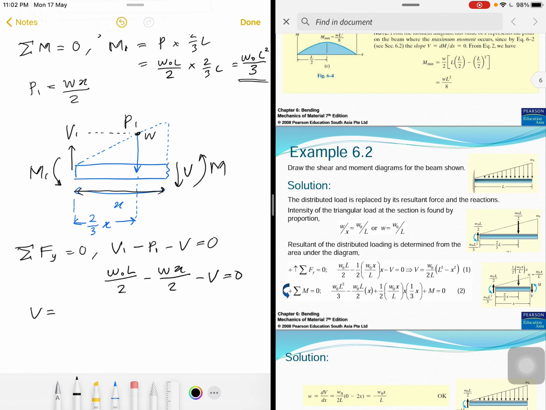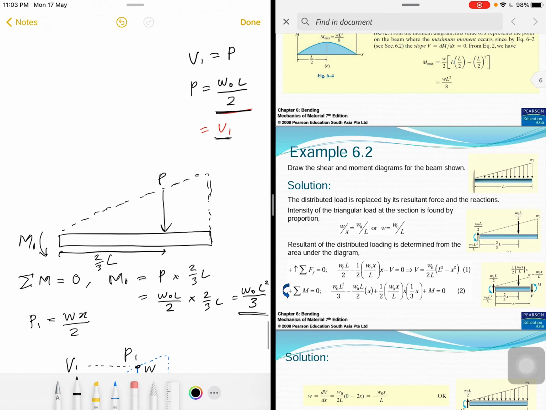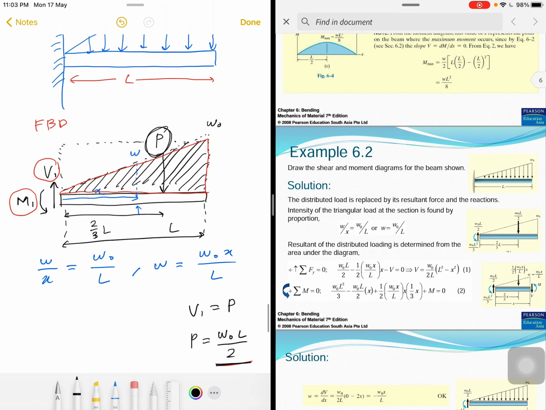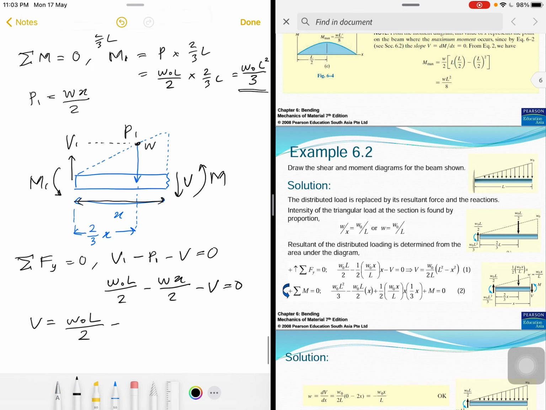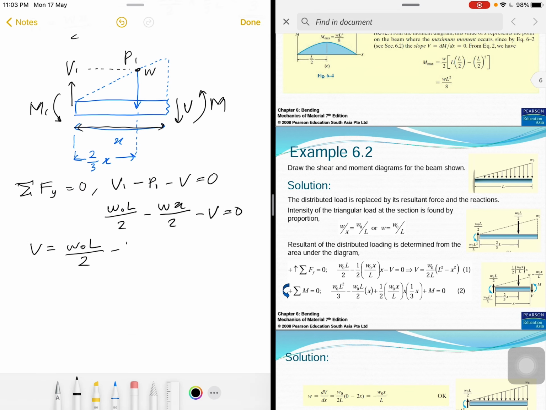So V is equal to, right now we can replace W with the equation that we calculated before right here. So W is equal to W naught x over L, x over 2.